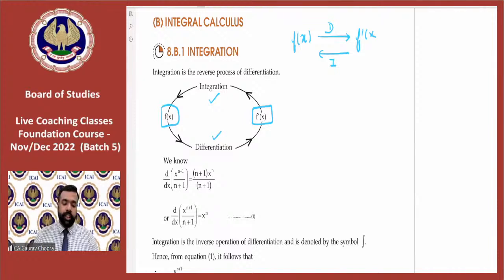This is integration. That is why we say it is the reverse process of differentiation, also known as anti-differentiation.